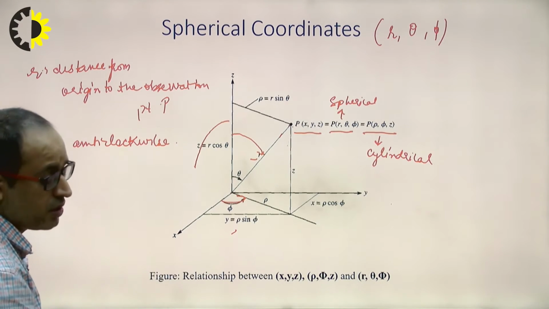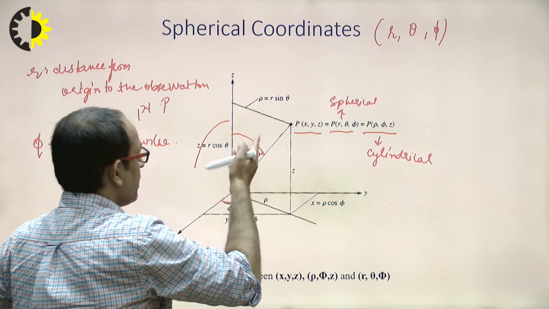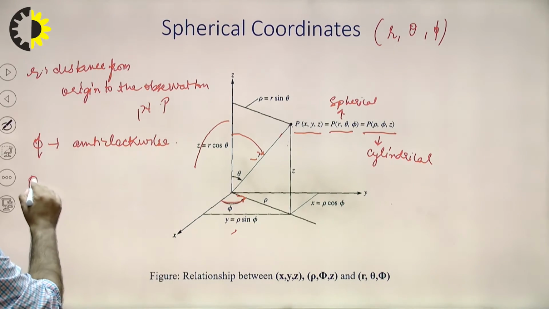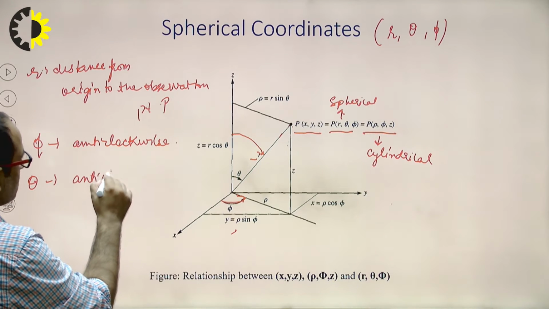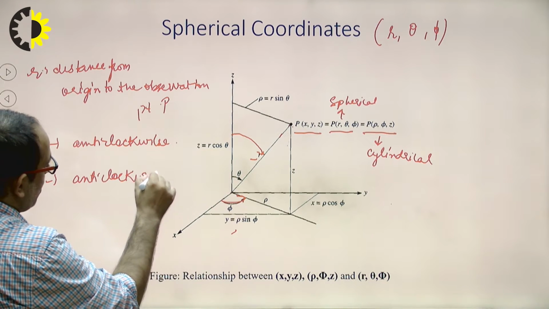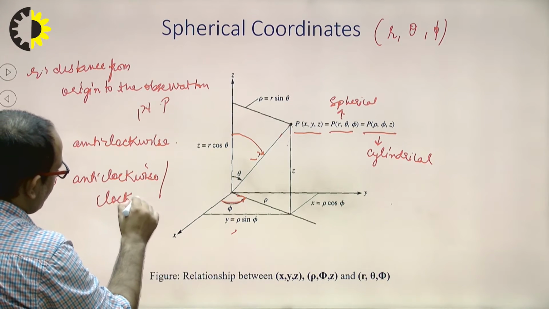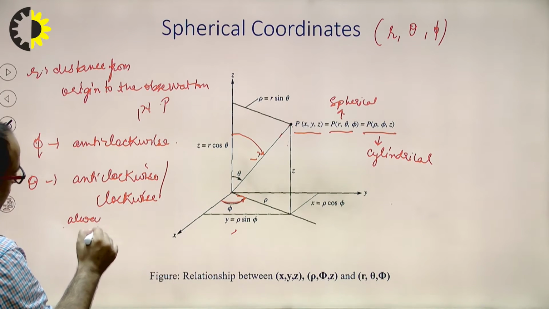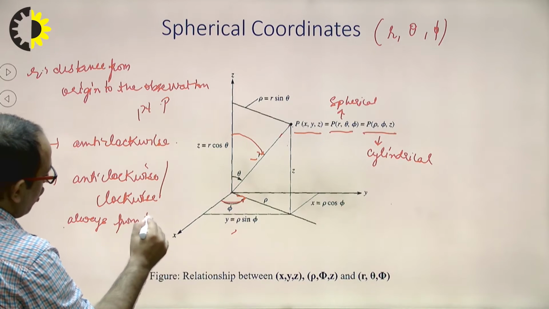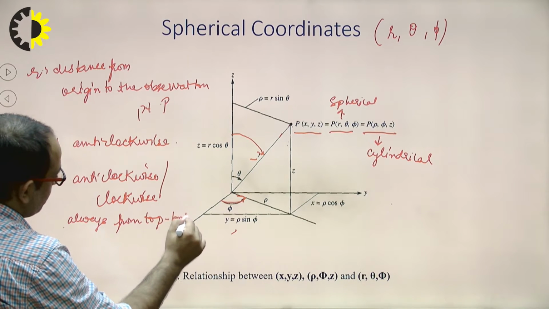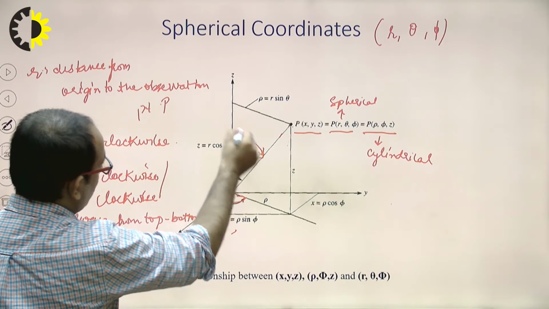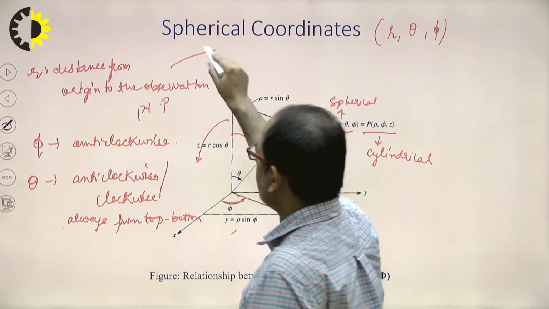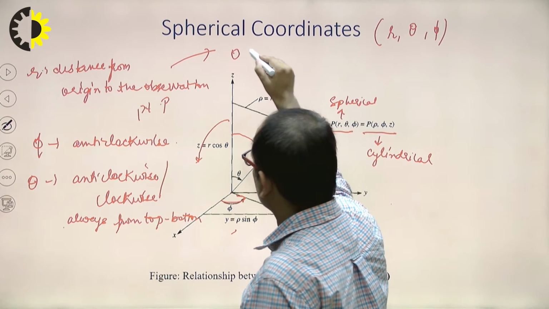It can move anti-clockwise or clockwise, but it always moves from what? It always moves from top to bottom. Clear?